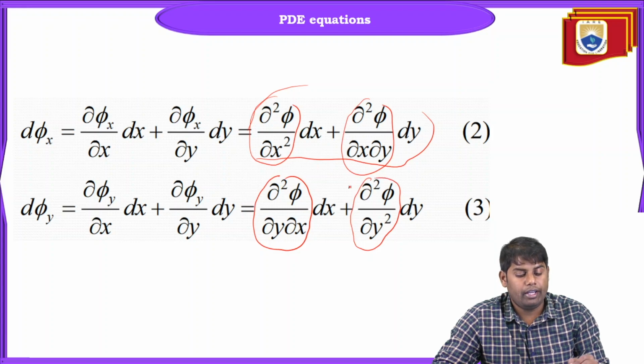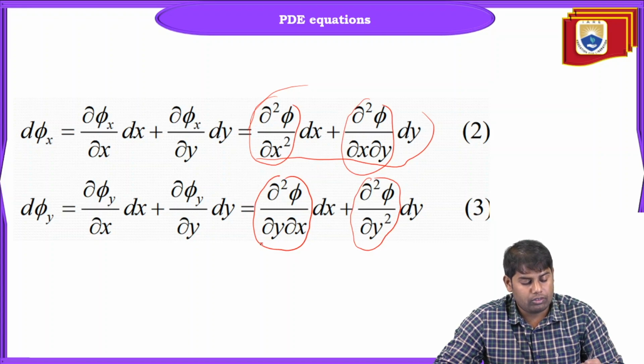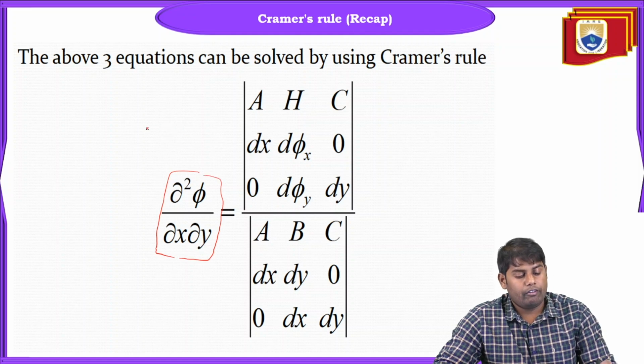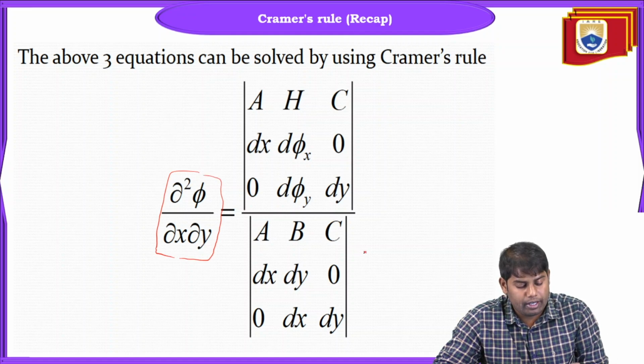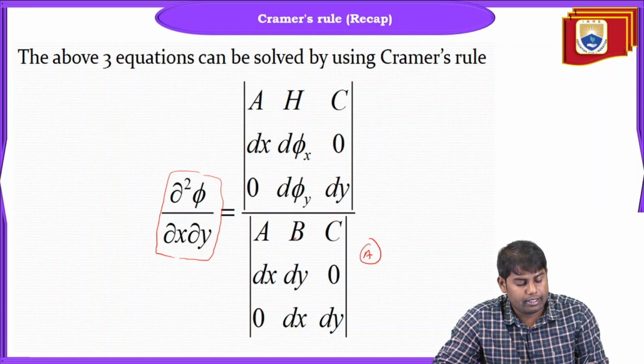Okay. So for Cramer's rule, we collect these coefficients from equations 1, 2, 3, and we are evaluating the value of the mixed derivative. So we have the coefficient matrix A, and in this matrix the second column is replaced by the constant terms.